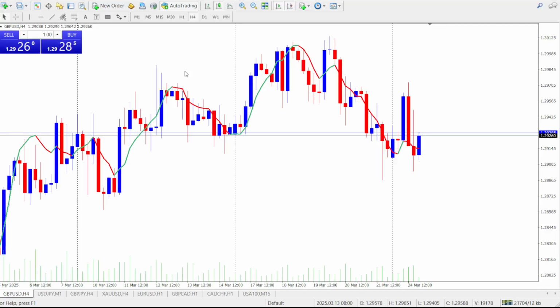Now the FX Sniper indicator simplifies trading with clear entry and exit rules. For a buy setup, a buy trade is initiated when the green indicator line appears.